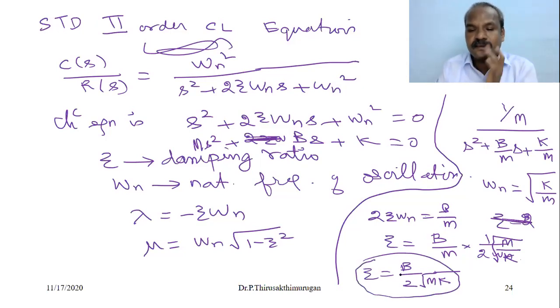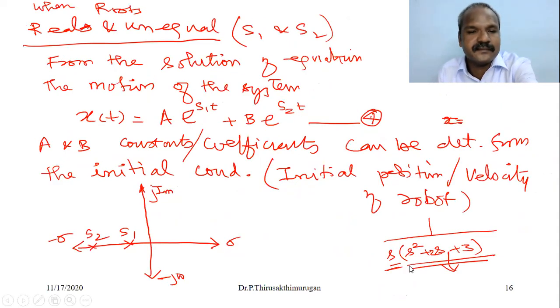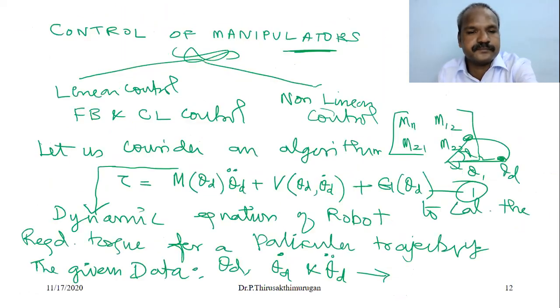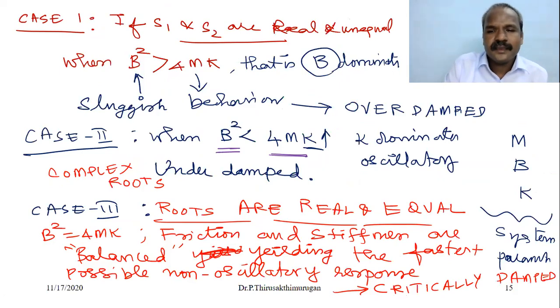Okay, understand? So in this case, when you see that expression, k is dominating, so b is lesser.